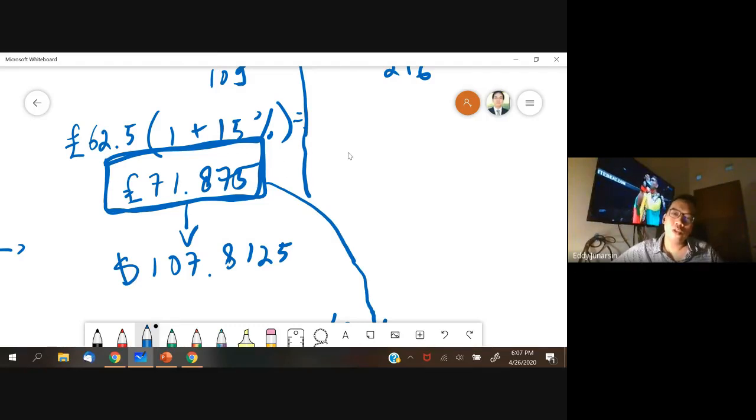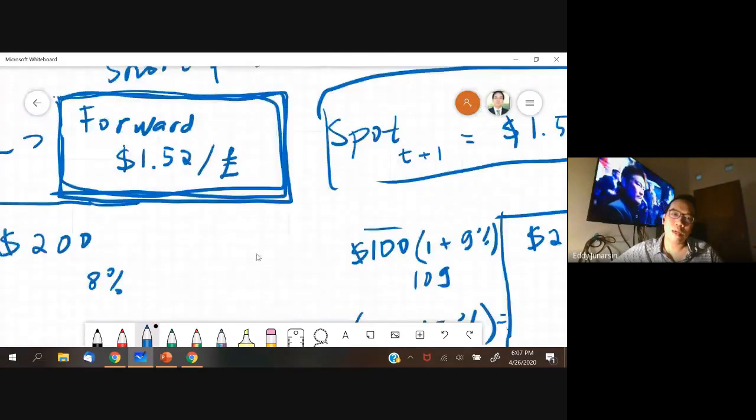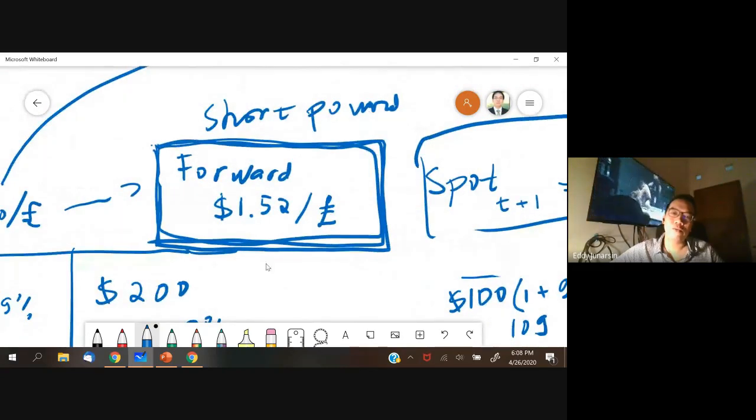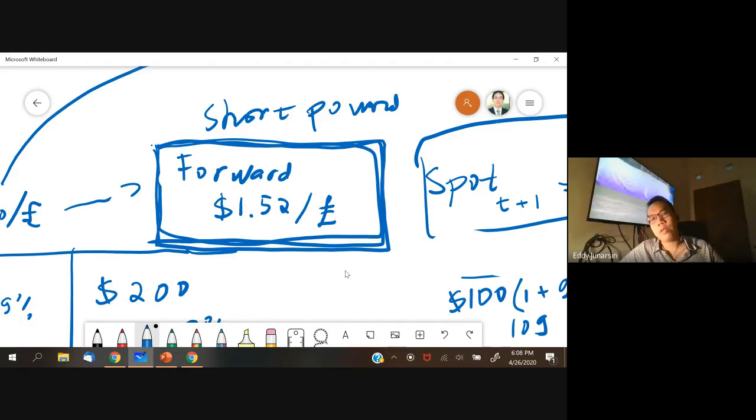But you could reduce the potential risk by going to the forward or futures market. In this example, I changed it to the forward market, and the quote 1 year before was $1.52 per pound. And of course, you decided to take the short pound position because that was the position you were afraid of, right? You were afraid of a depreciating pound.